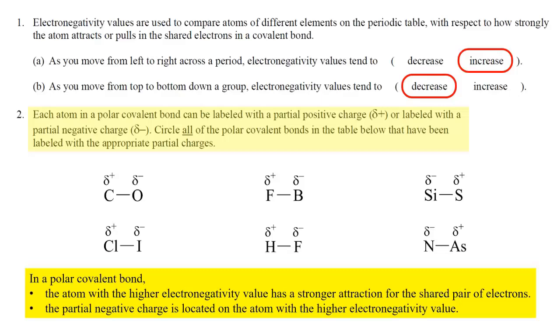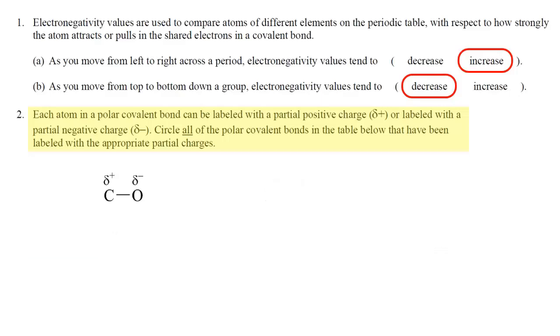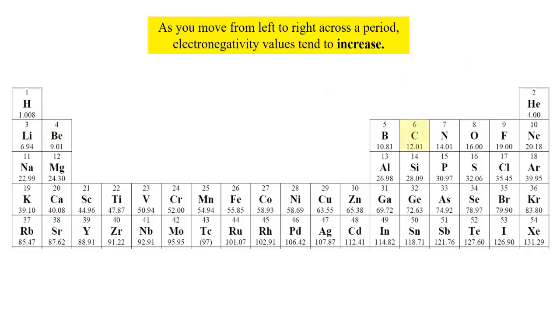So to answer question 2 correctly, we need to rely on our knowledge of both the horizontal and the vertical trends in electronegativity. All right, let's start with the carbon-oxygen bond. The first thing we're going to do is locate these elements on the periodic table. So there's carbon, there's oxygen, and we can see that they are located in the same period.